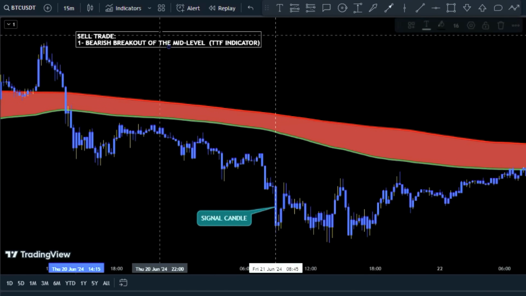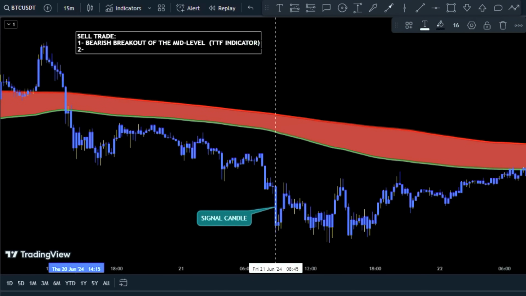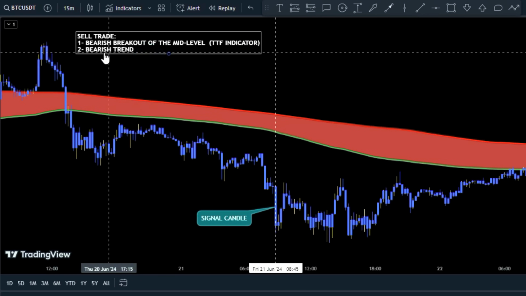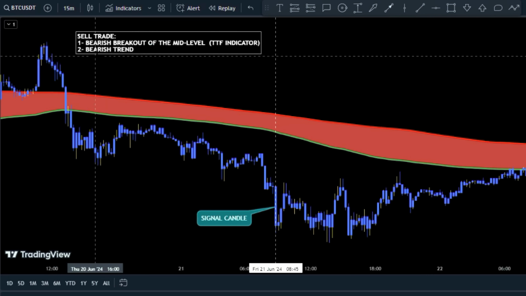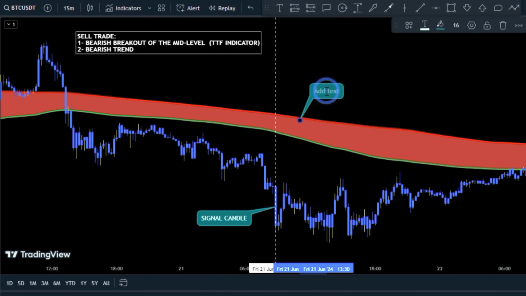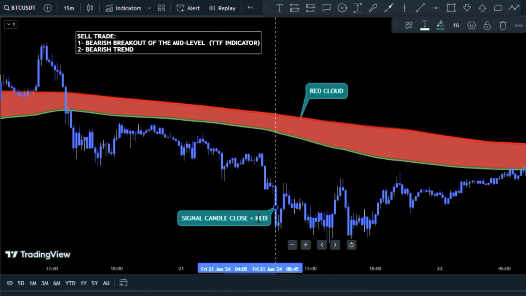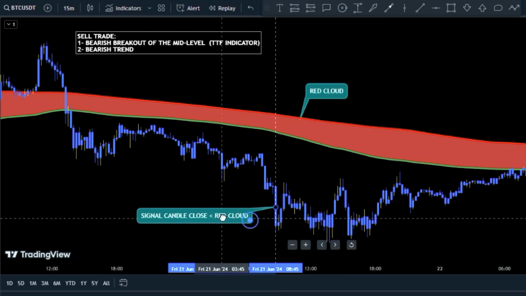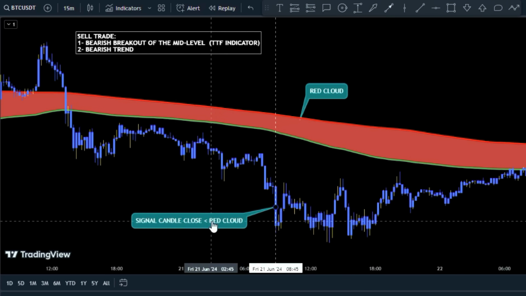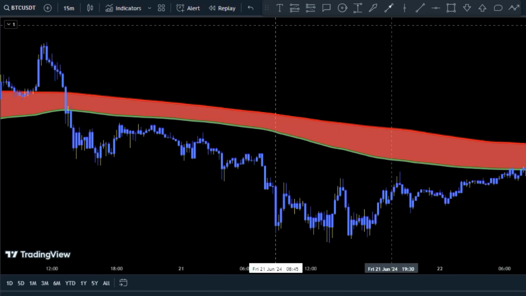After that, verify this downtrend by checking that the signal candle's close price is below the red cloud on the Best Cloud OLMA indicator. With both criteria met, you can proceed with entering a sell trade.